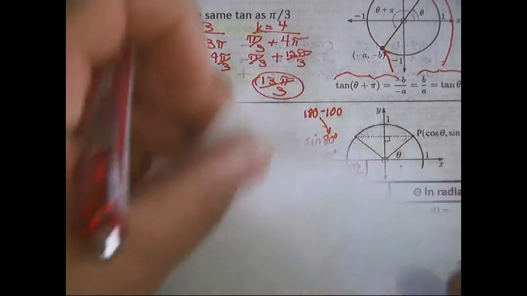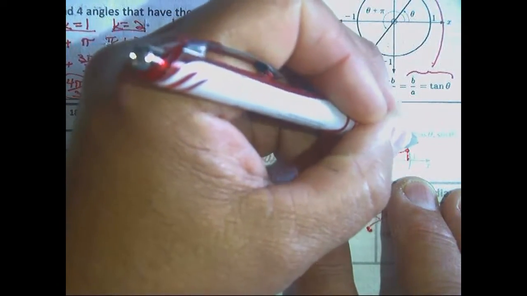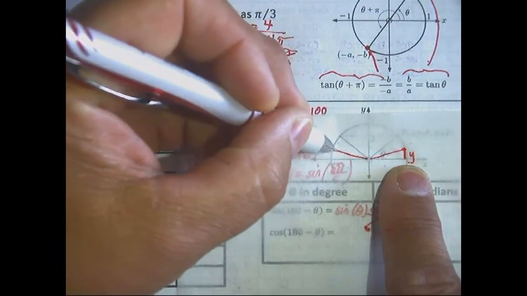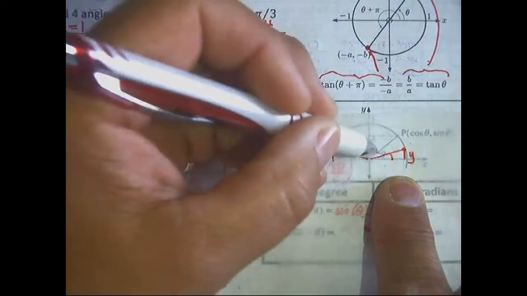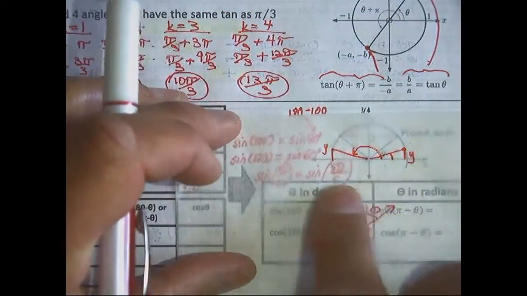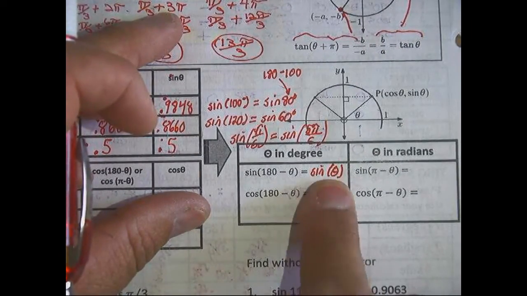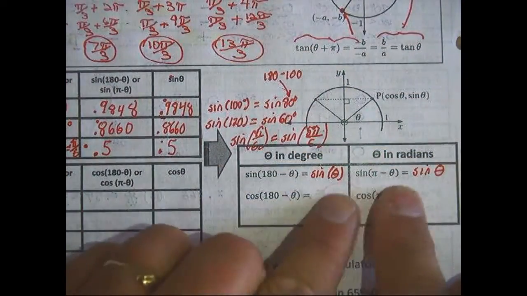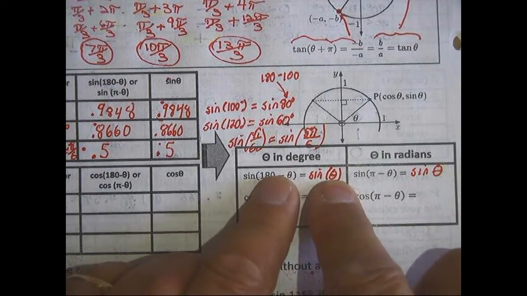If you just picture why that works, guys, here's 10 degrees, roughly. Here's the y-coordinate for that. Right there. So over here, this is going to have the same y-coordinate. It's going to be the same height. So that angle and that angle are going to have the same y-coordinates. That's what this is right here. So whether you're in radians or not, do you remember what you call angles that add up to 180?